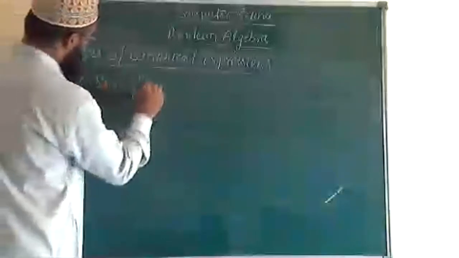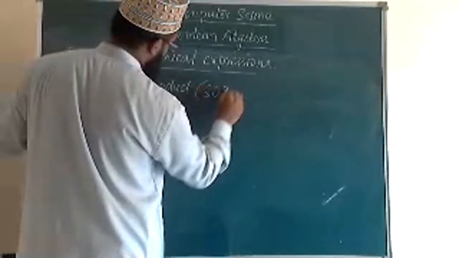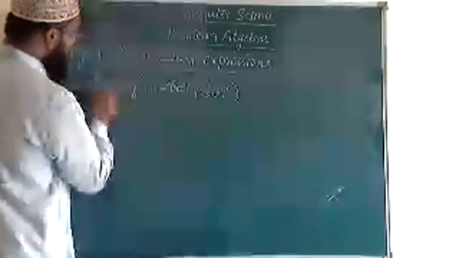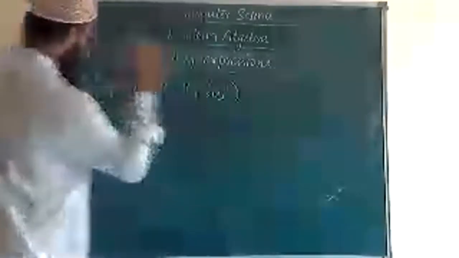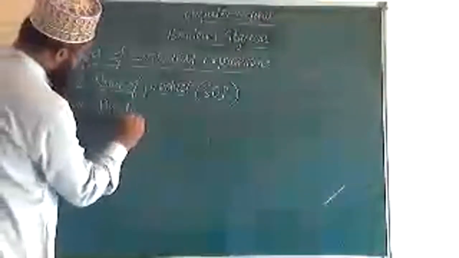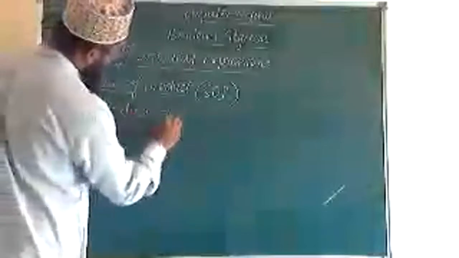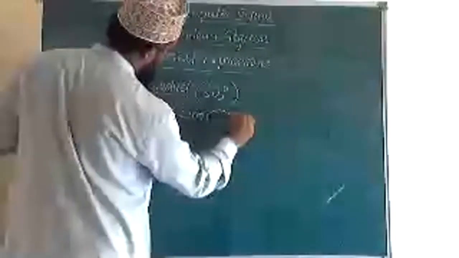Okay, the first one is sum of product. In short, this can be called SOP, because S is sum, O is of, P is product. The second one is product of sum, which can be written as POS.